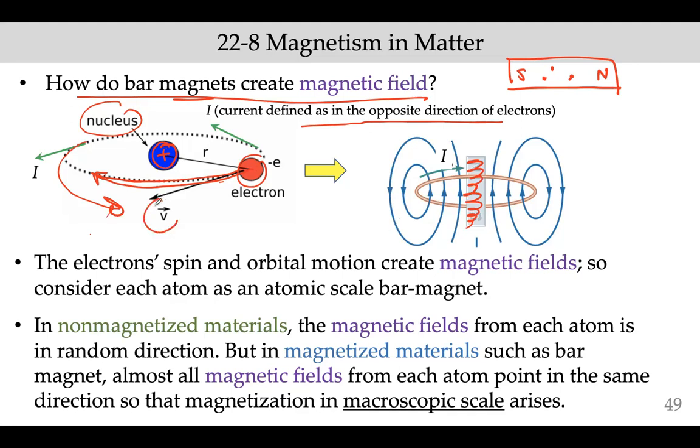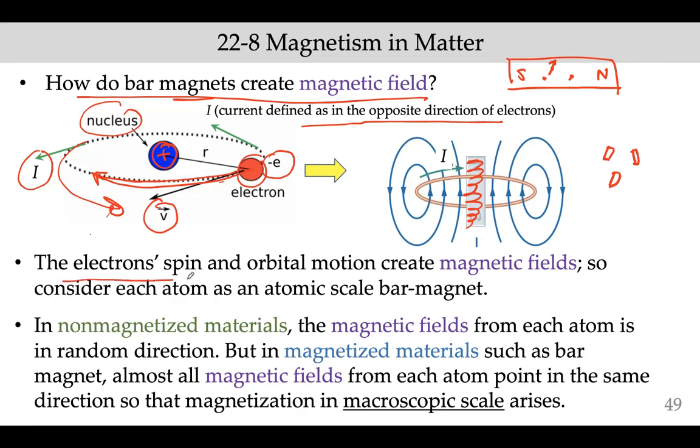They have velocity and charge, or in other words, they have a current. When there's a current, then there's a magnetic field. So each atom within the material acts as a magnet with north and south poles.